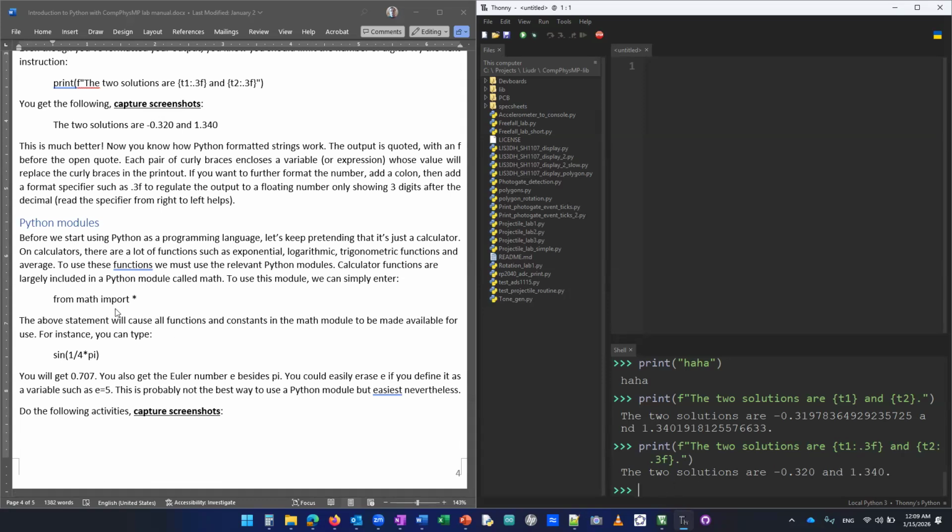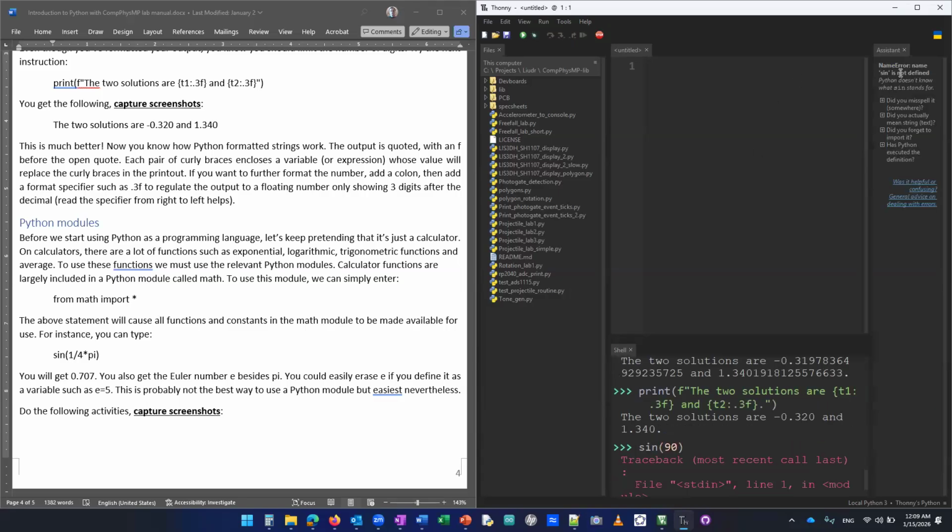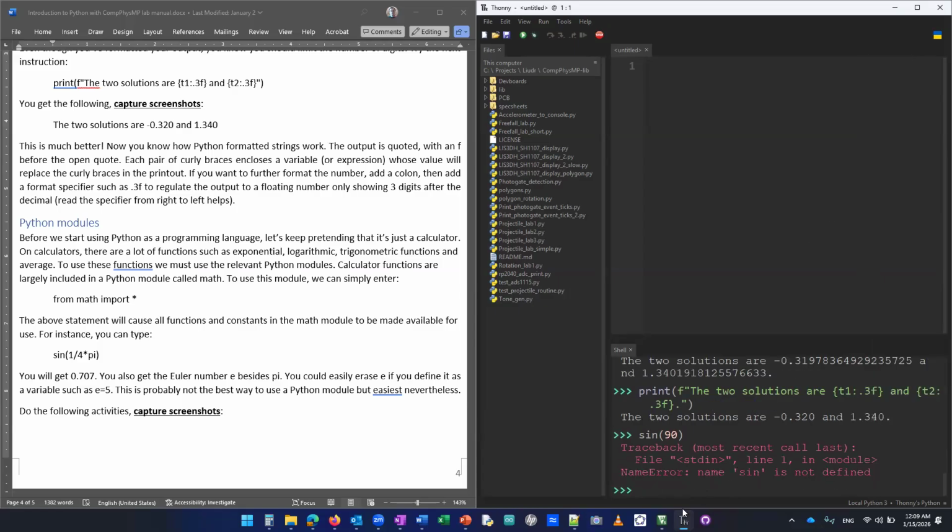That includes math modules, for instance, sine, cosine, all the trig functions, exponential, natural log, even a constant defined as pi. They all reside in this math module. Before you import them, you can't run it. You can say sine 90 and it's not recognized, right? Because that's not in there yet.